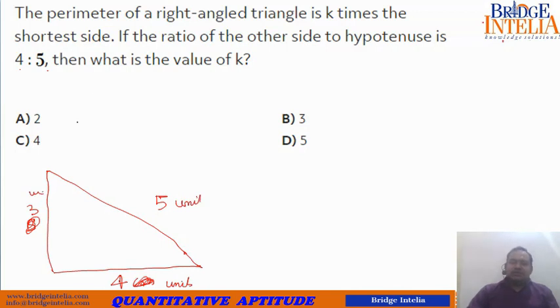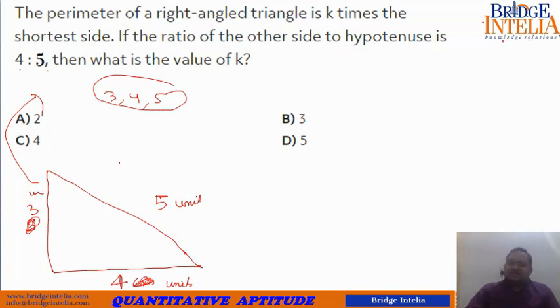Why? Because 3, 4 and 5 are well known Pythagorean triplets. So this triangle can be used as the dummy value to solve this question. Does this triangle fit the description given in the question or not? Yes, it does.